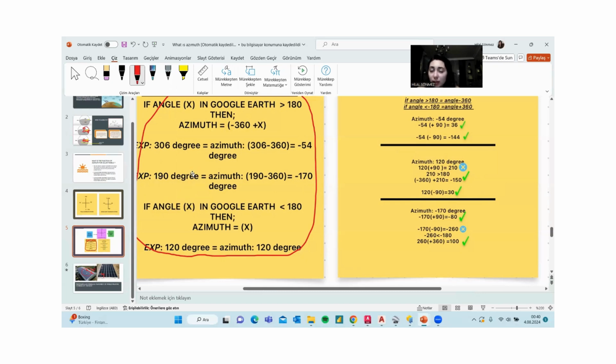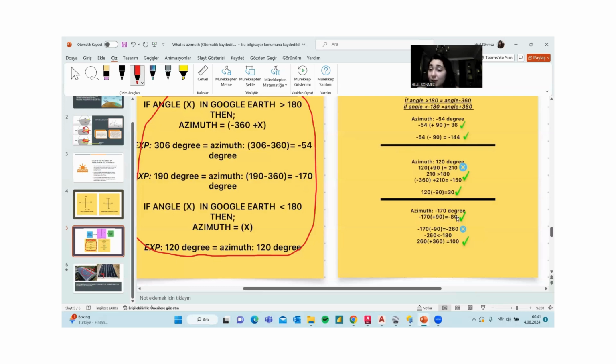It's greater than 180 degrees, so we subtract 360 degrees from that and we attain minus 170 degrees for PVsyst, for the azimuth of the roof. But we are curious about the azimuth of the panels. We will add 90 degrees and subtract 90 degrees from the azimuth of the roof that is calculated for PVsyst.